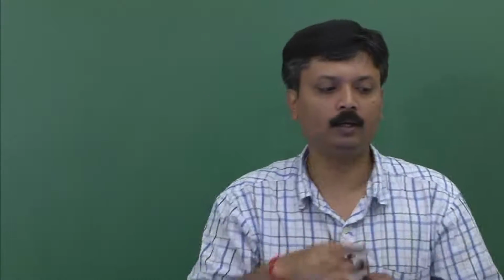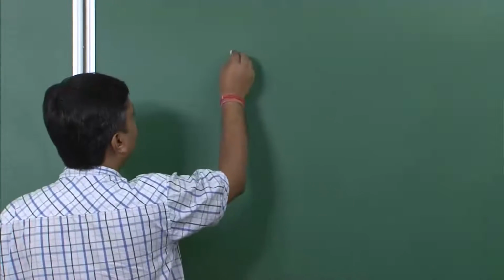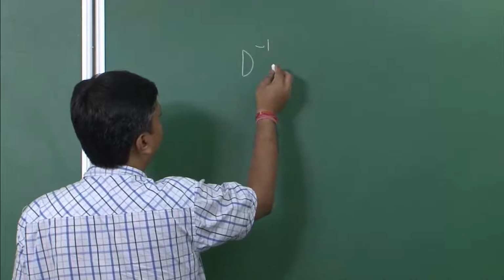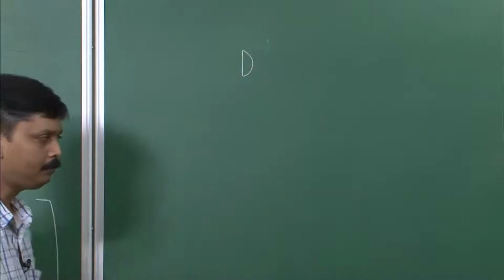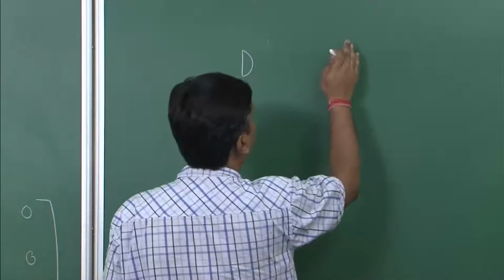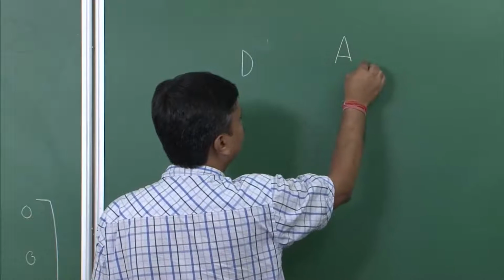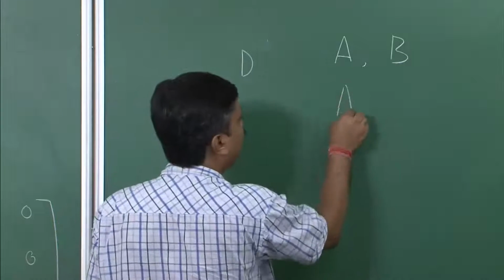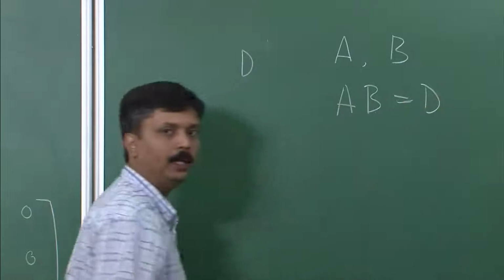So, let me do that real quick. Say I have two elements A and B, and I do the similarity transformation using this matrix D. Now, suppose I have a matrix A and matrix B such that A and B, if I combine, give D. Okay.